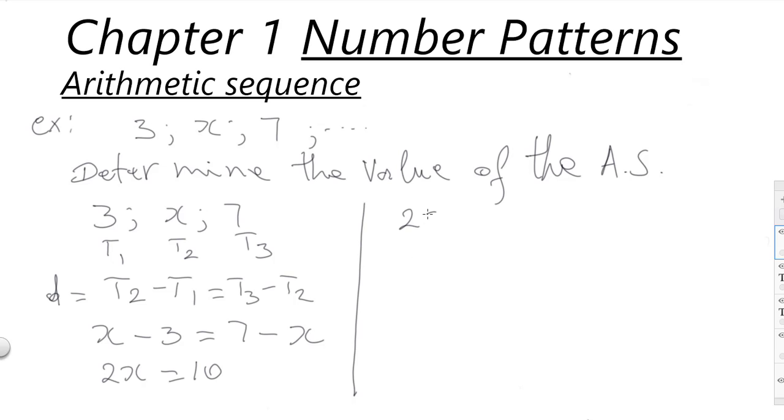So we have 2x equal to 10. When I divide both sides by 2, we find x equal to 5. So we can easily find that our common difference is equal to 2.